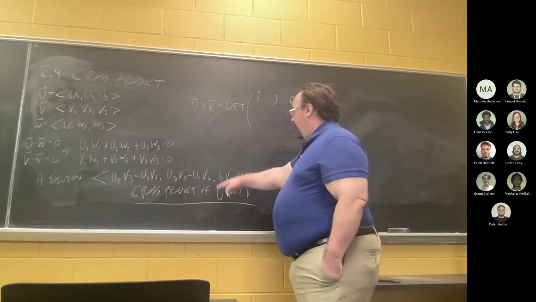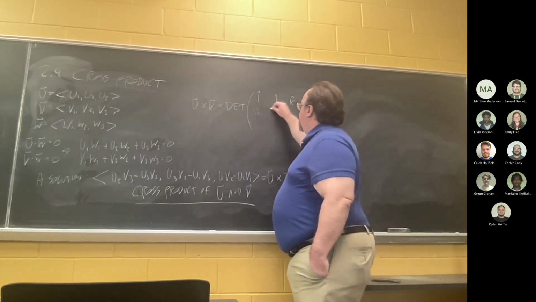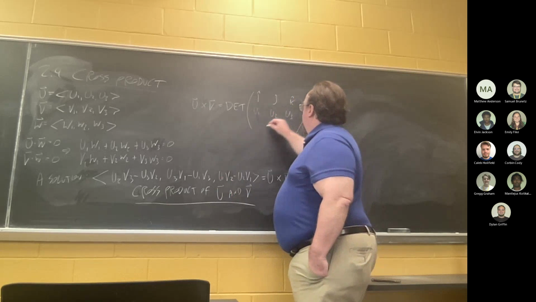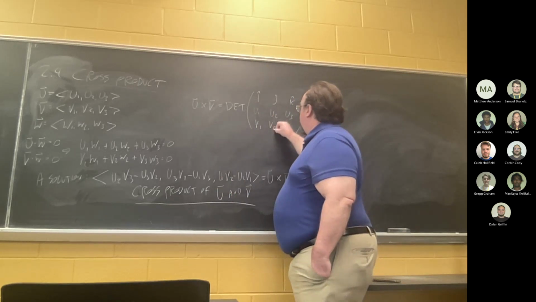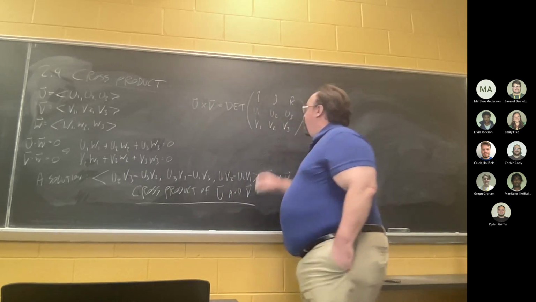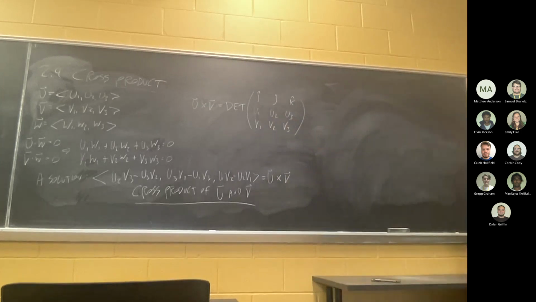And then the first vector in your cross product fills the second row, and the other vector in the cross product fills the third row. So if you know how to compute 3x3 determinants, that would give you the correct vector.